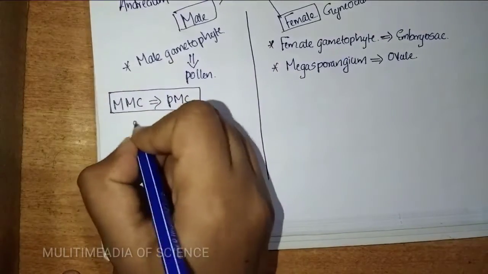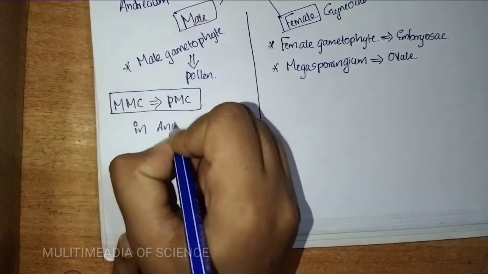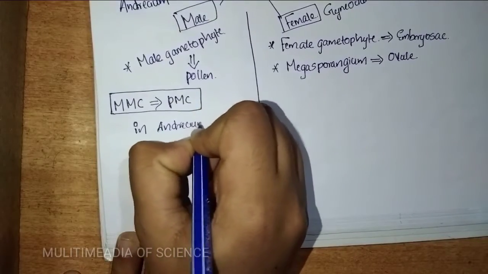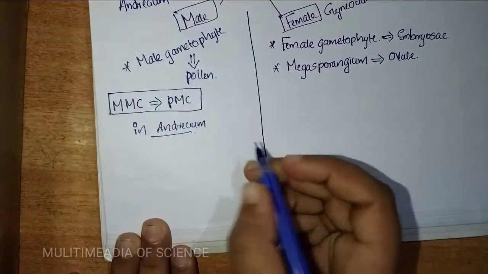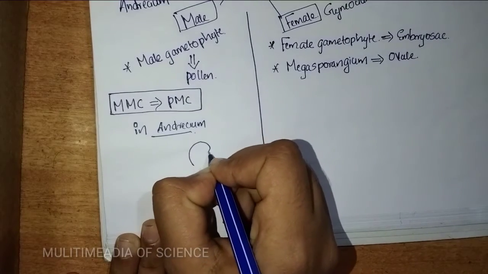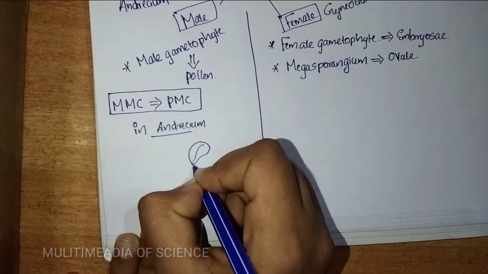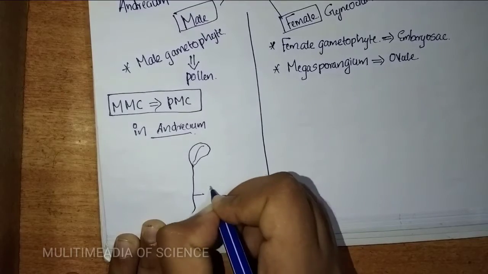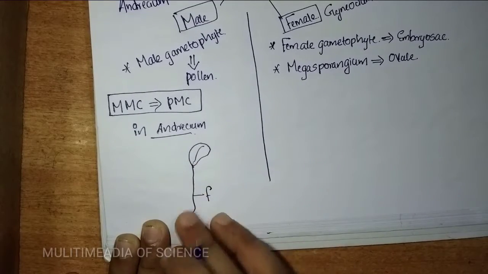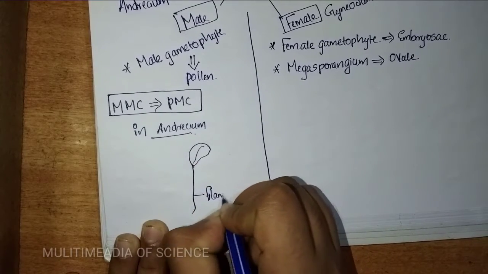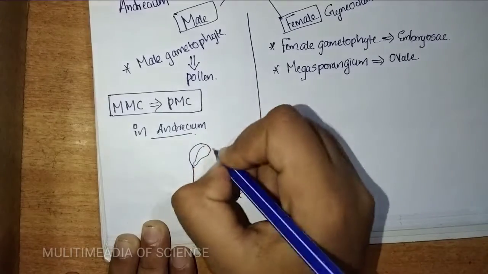In the androecium there are two structures: one is the anther, and the long stalk is called the filament. This is the anther.